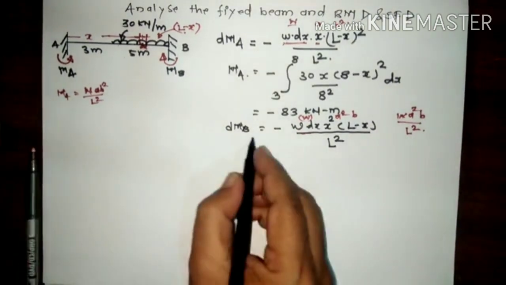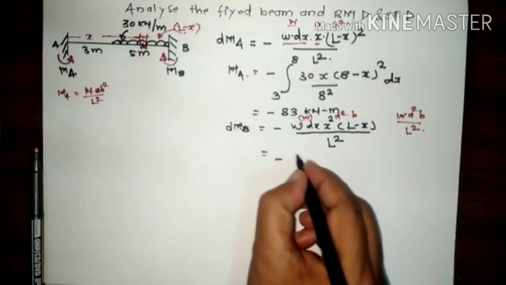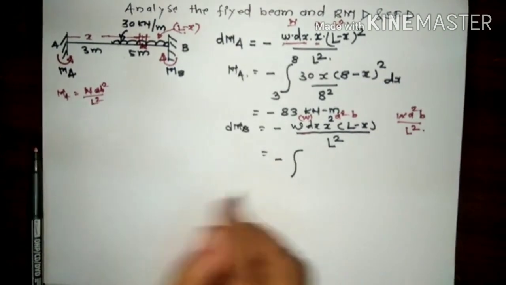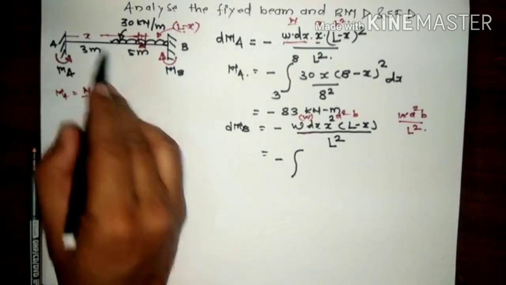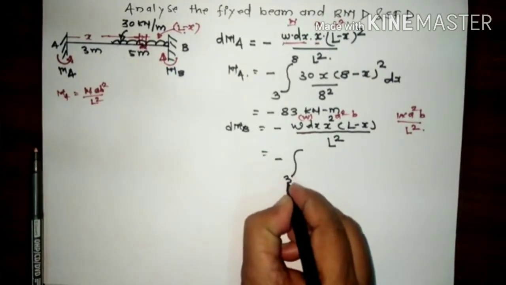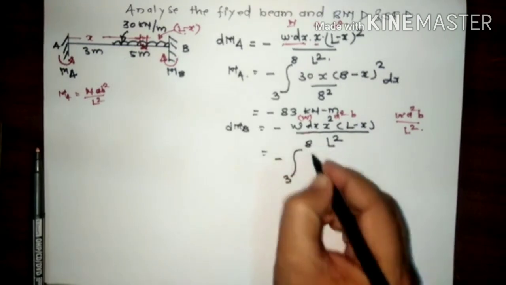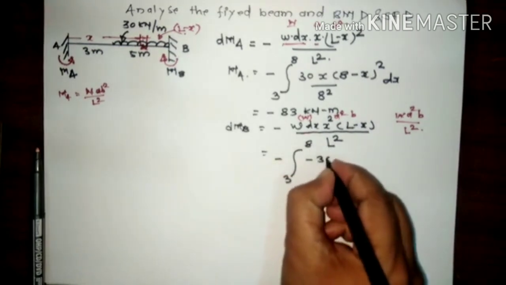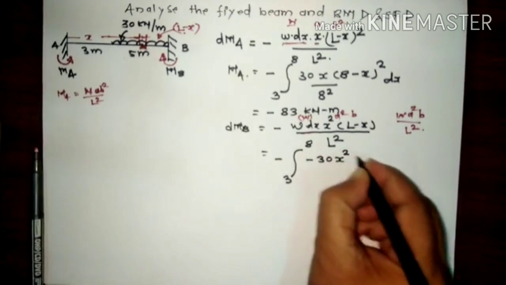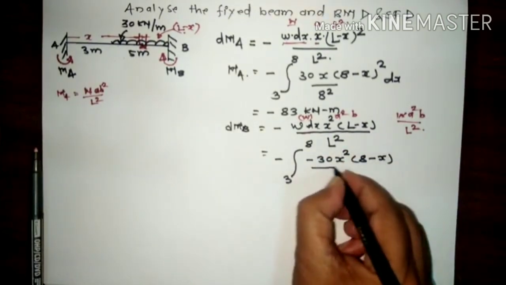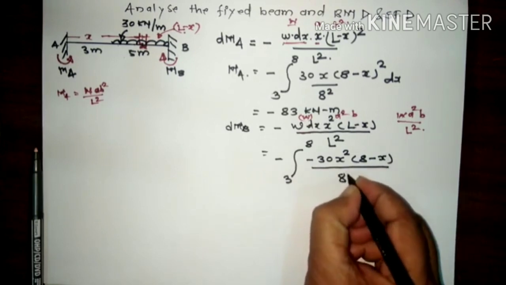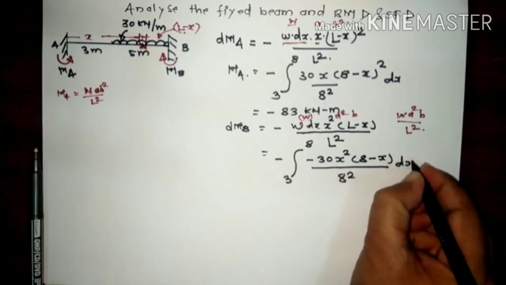But we want the total, so again minus integration. Same starting point, which is 3. So from 3 to 8, minus 30 x square into (8 minus x) total divided by 8 square dx.